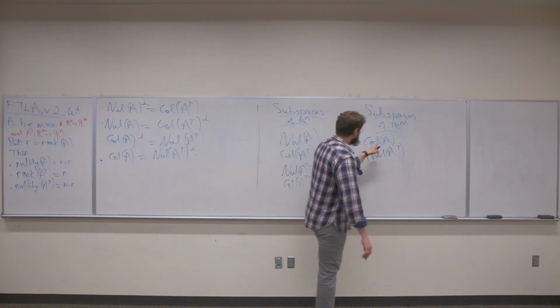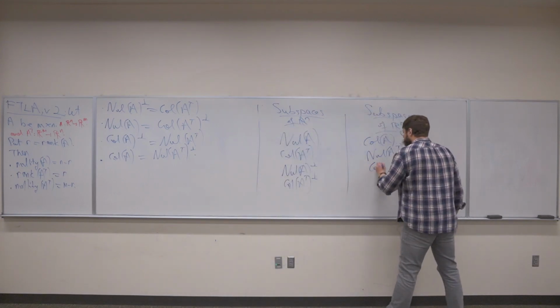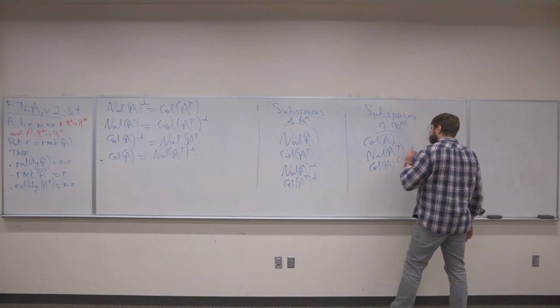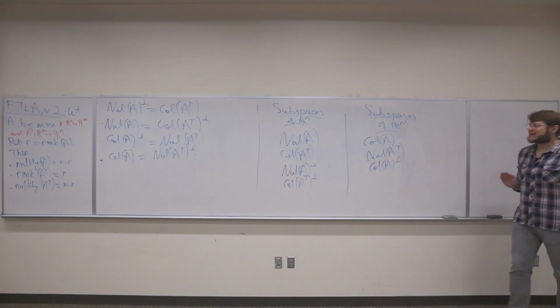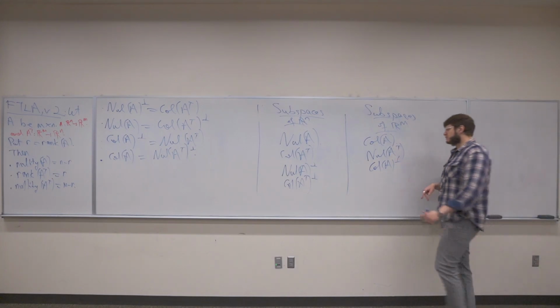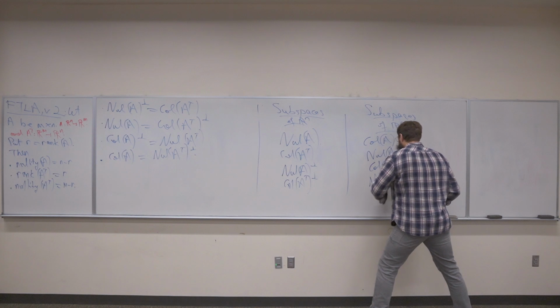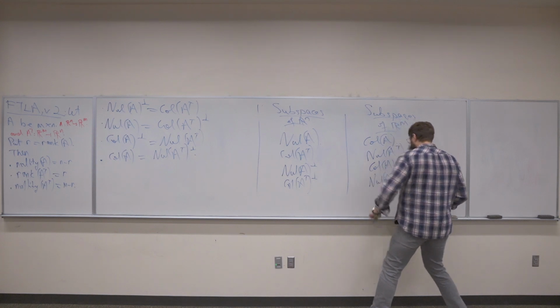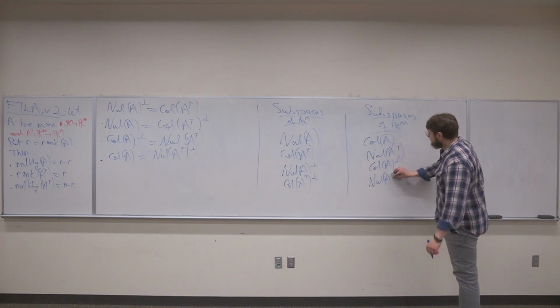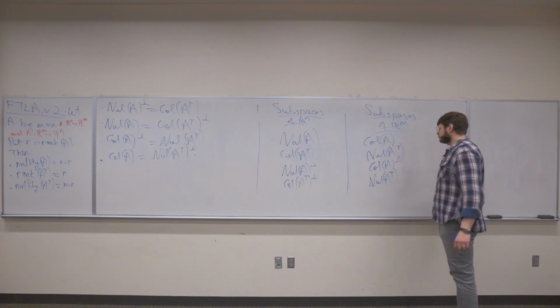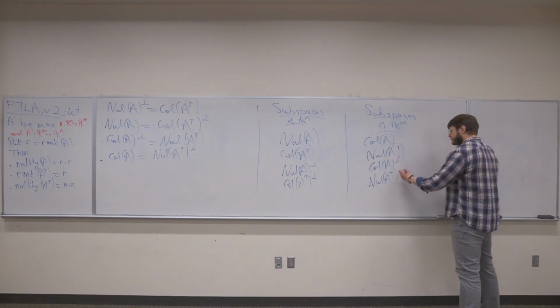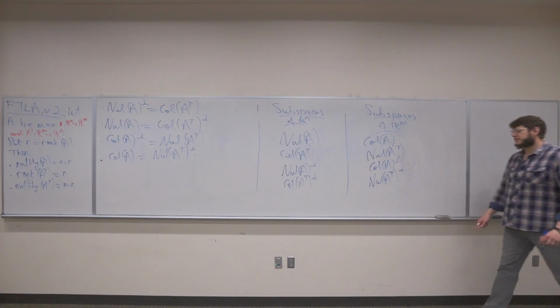And likewise here, if I start with the column space of A, take the perp, you're going to stay as a subspace of Rm. And again, if I were to look at the null space of A transpose, and then take the perp, you're again there.